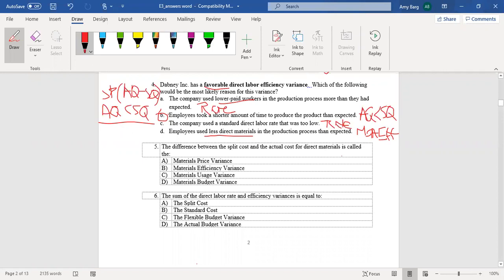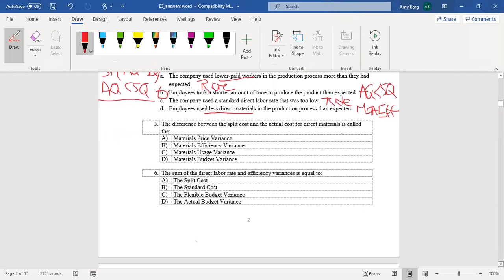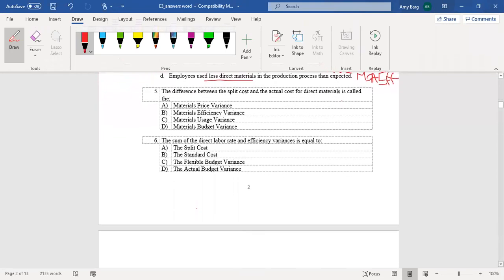Number 5. The difference between the split cost and the actual cost for direct materials is called what? Okay, do you remember we were just talking about this? We had the actual cost, we had the split cost, and we had the standard cost.